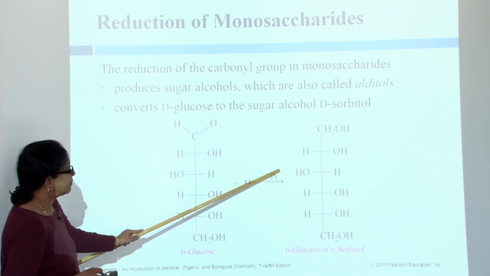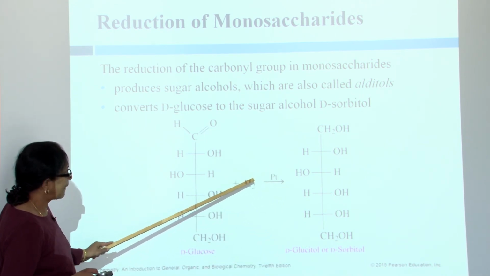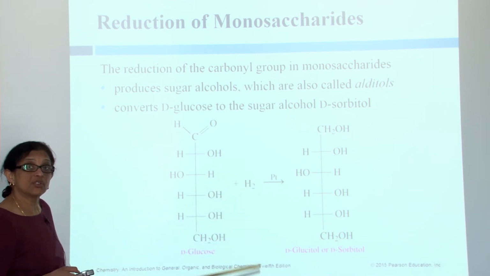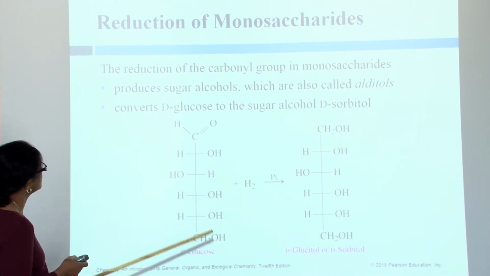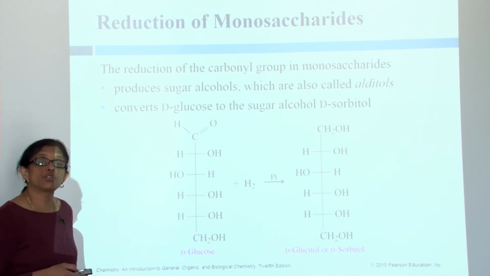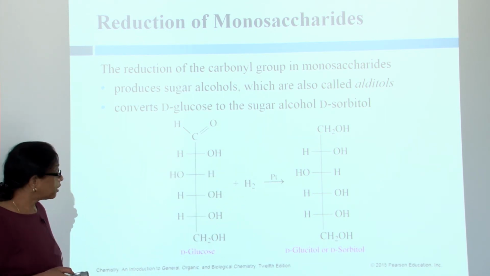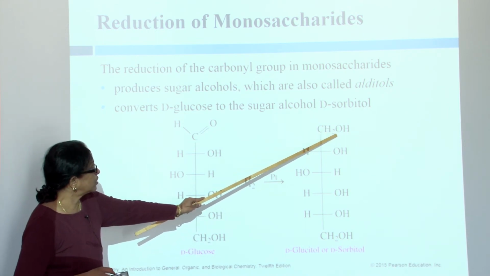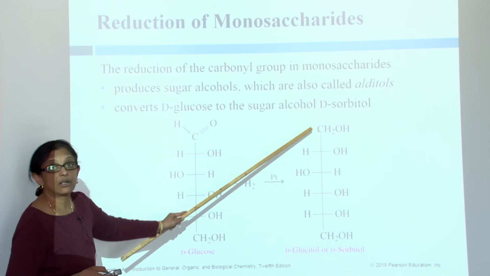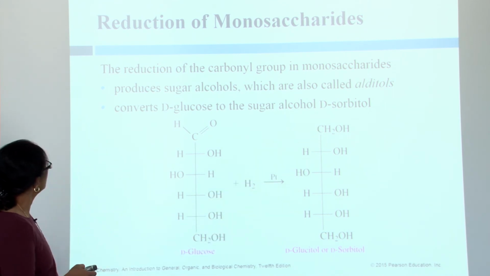In the presence of a catalyst, you are adding hydrogen, and addition of hydrogen is reduction. So that's what we're discussing, reduction of monosaccharides, and reduction produces sugar alcohols. The alcohol is the OH group here. The aldehyde is reduced to an alcohol, that's where the reduction is.